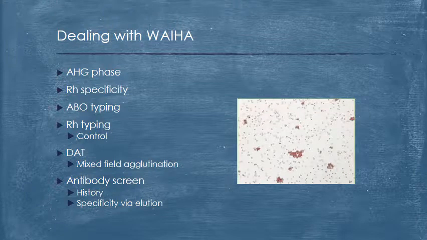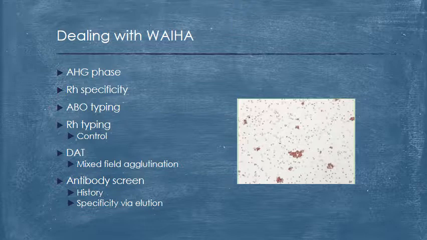Now, in dealing with warm AIHA, remember what we're looking for are these IgG antibodies. So they react best at the AHG phase, or IAT, whichever you're used to noting it as. As a rule, they usually won't directly agglutinate saline suspended red cells at 37.